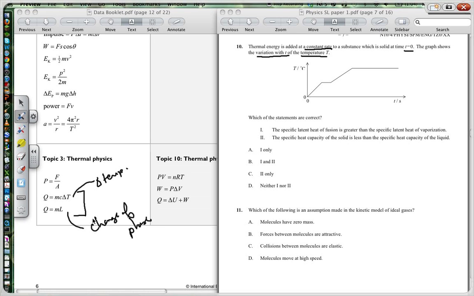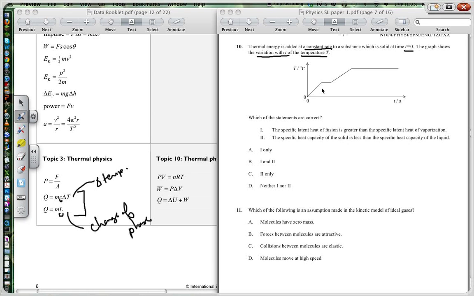So this over here is the specific latent heat. It's the amount of energy needed to change the phase of 1 kilogram of a substance. And this here is your specific heat capacity. That's the energy required to raise the temperature of 1 kilogram of a substance by 1 degree Celsius.